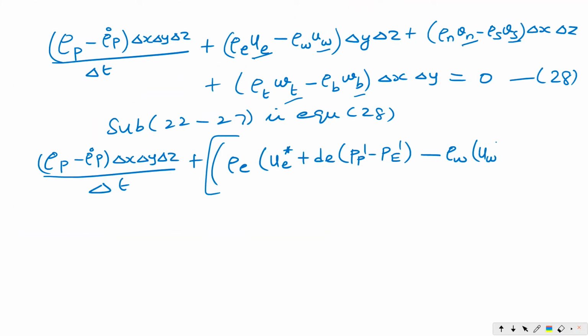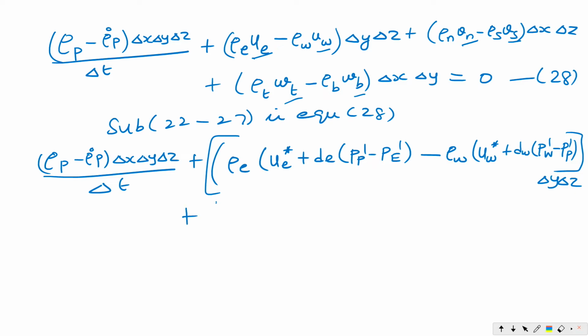UW is nothing but UW star plus DW into PW prime minus PP prime, and we should be very careful here, whole bracket of del y del z. So I have substituted the values of UE and UW from the momentum equation into this kinetic equation. Okay, good.